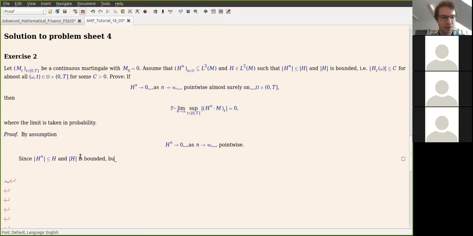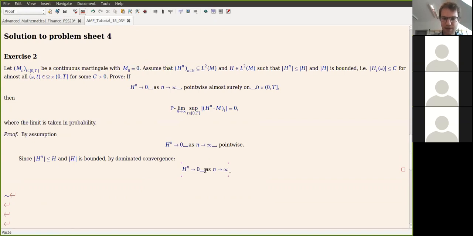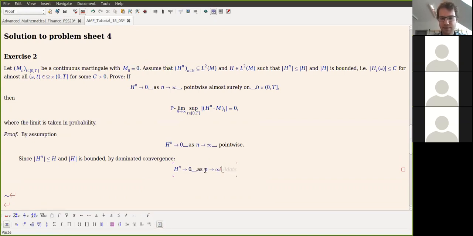Because I want to use dominated convergence. Right. So this means I have this limit here in L2.